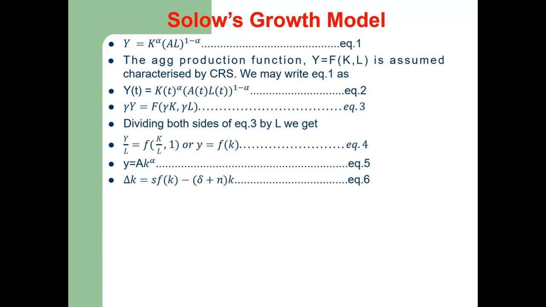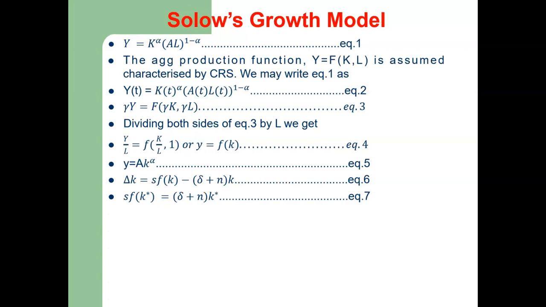To find this steady state, we may set delta k equal to 0. So we have s f(k*) equal to (δ + n)k*. The notation k* means the level of capital per worker when the economy is in its steady state.